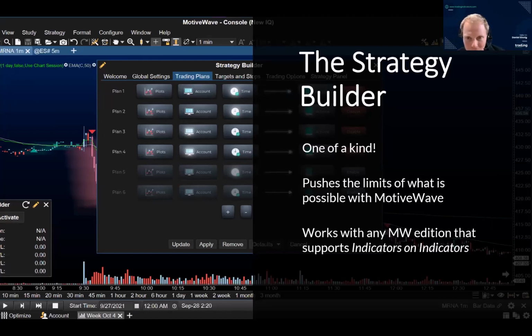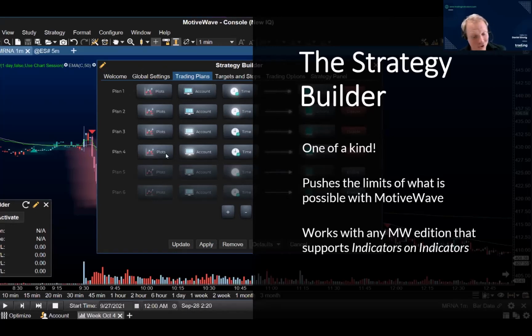So what we've done is build a strategy builder for MotiveWave, which will allow you to create your very own trading strategies without any programming knowledge, simply by clicking them together. You can see this user interface here a little bit on the left-hand side.